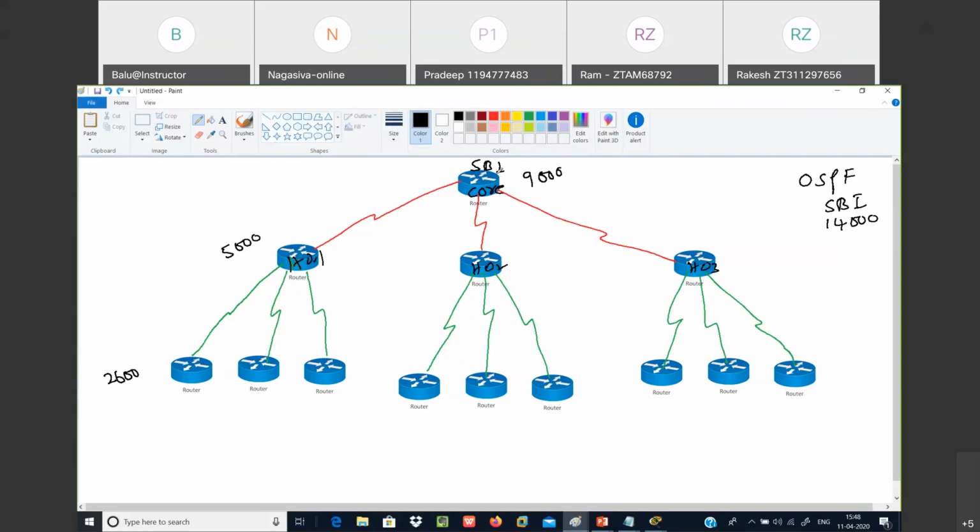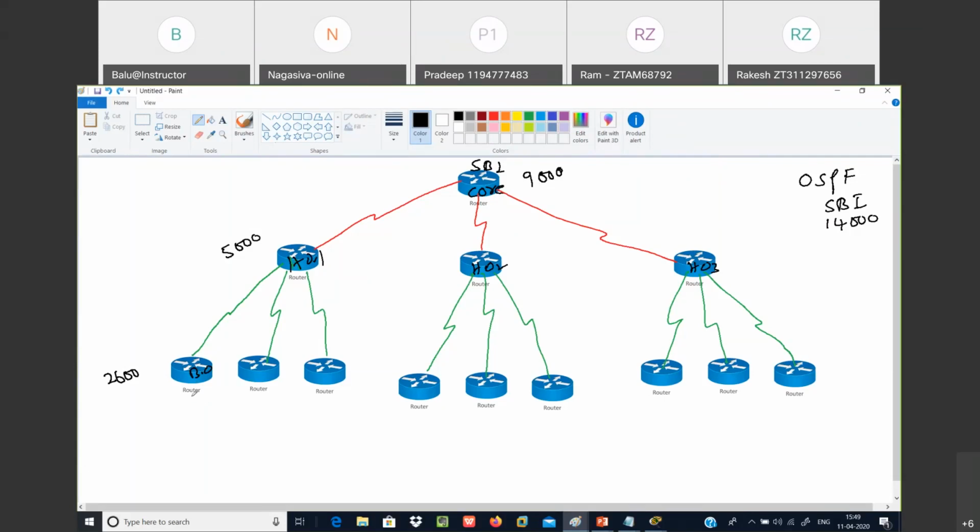If the core router is a 9000 series router, it has very high memory and a high processor. It can maintain information for 14,000 links and 14,000 routers in its database. But your branch office 2600 router should also maintain how many routers' link information?